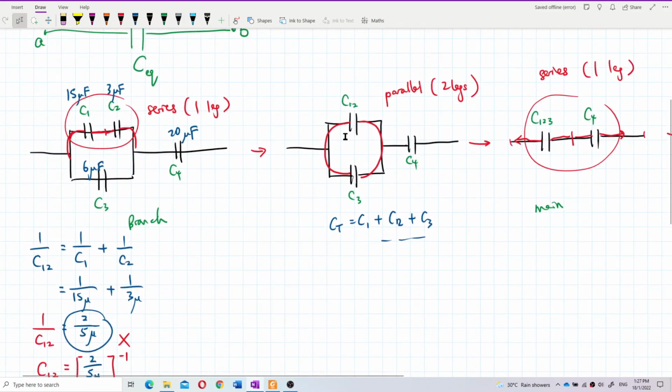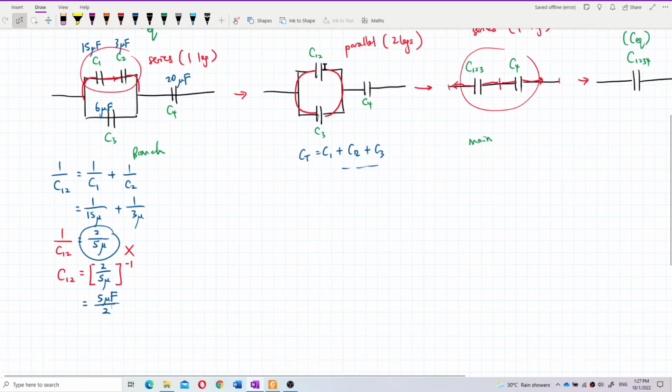Okay, how about this one? This is now in parallel. Parallel makes the capacitor stronger, so it's plus.